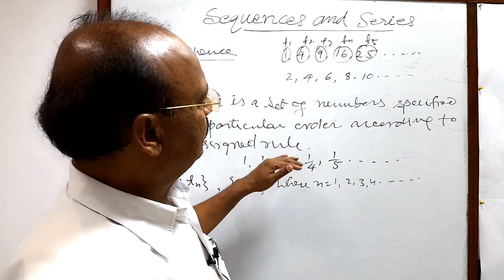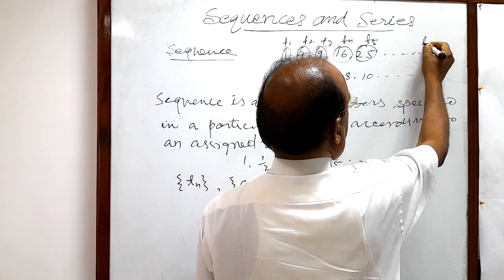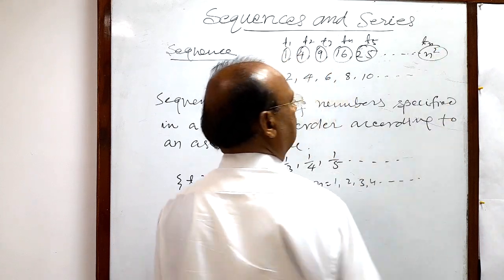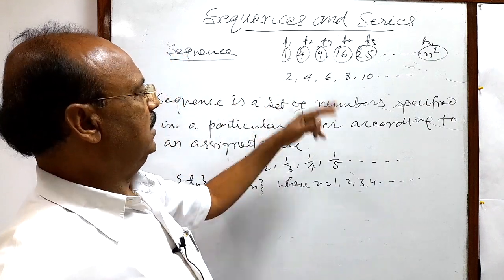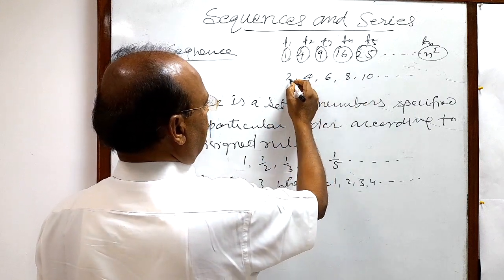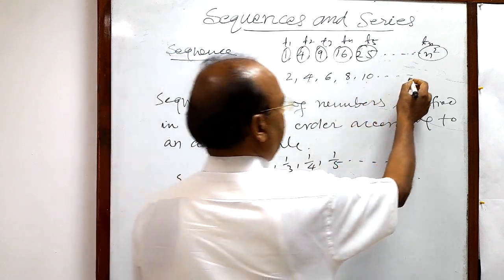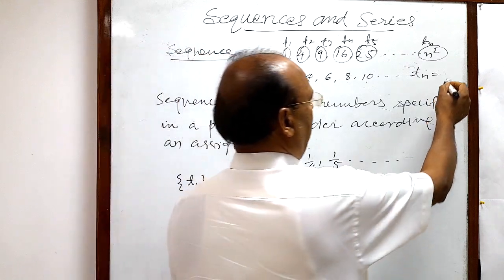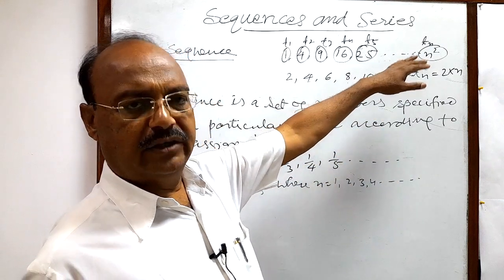And if we write the nth term, then Tn will be n square. In the other case, Tn will be equal to 2 into n. So in this way we can define the nth term also.